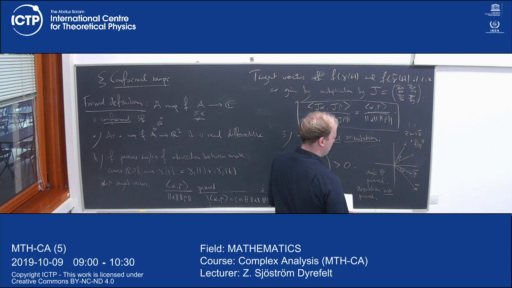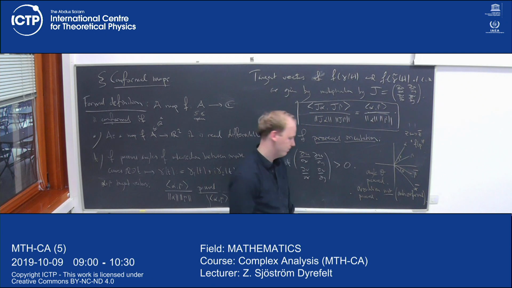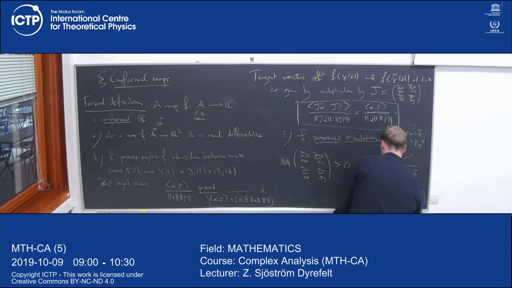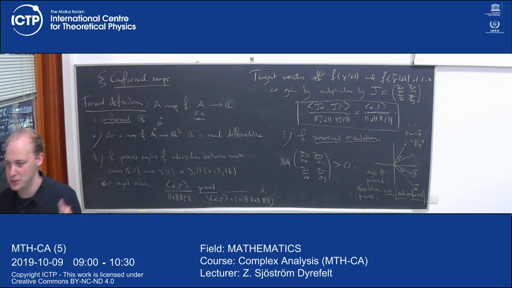Okay, and this means that this is what we call anti-conformal. So this is an anti-conformal map. Anti-conformal means that you satisfy the first two conditions, but not the third. So you switch orientation, but you still preserve angles in your real differential.